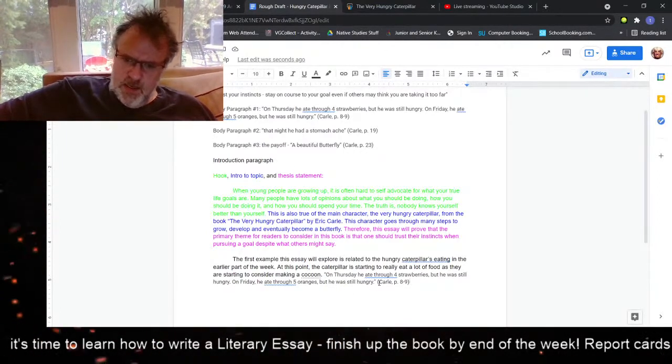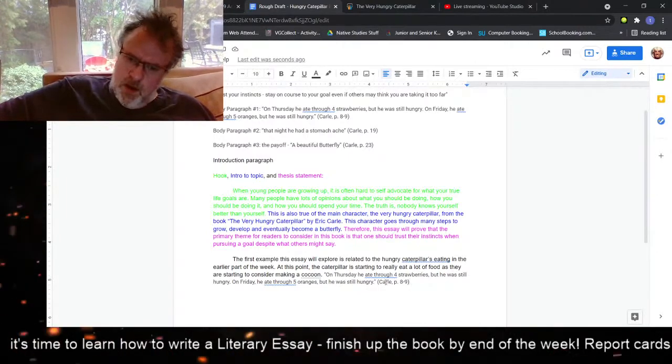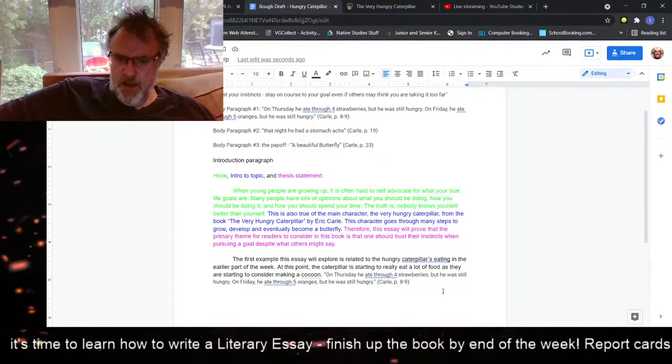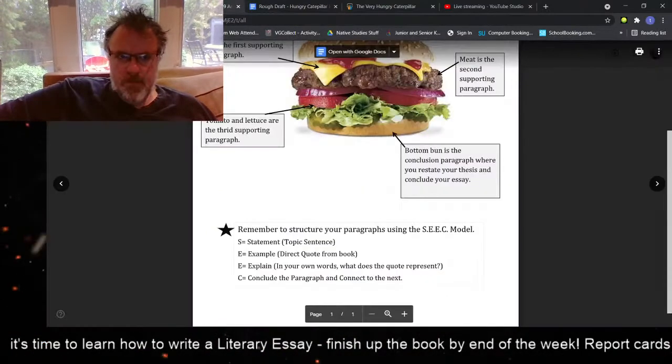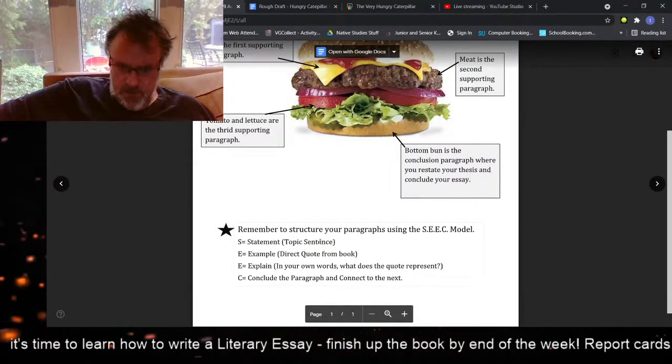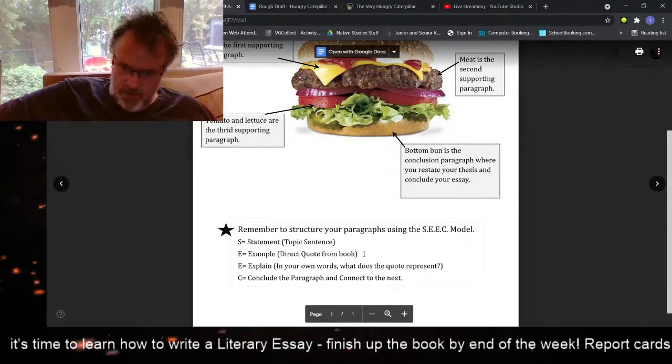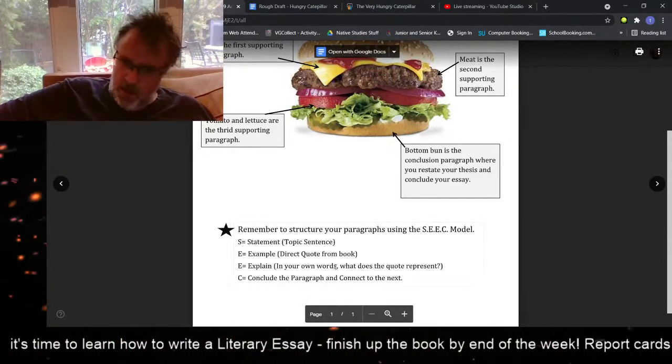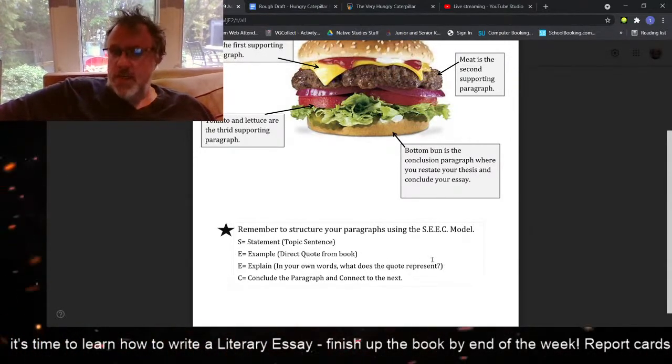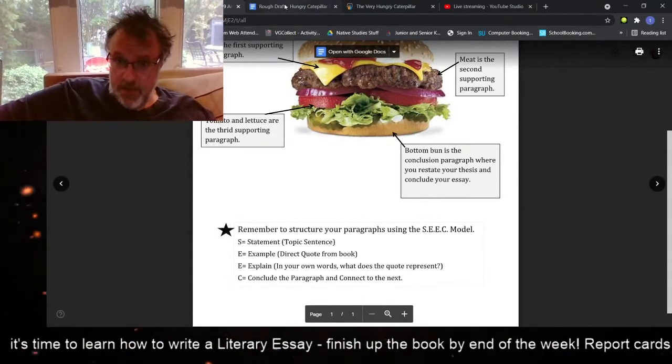And then at the end, you put a bracket, you put the author's last name, and then you put the page numbers that it's found on. Okay? So I've made my statement, I've given my example, and now I'm going to explain in my own words what this quote represents as related to my theme.